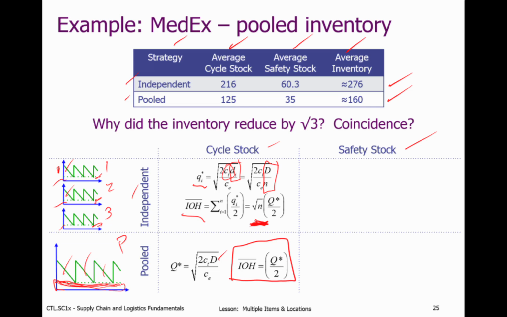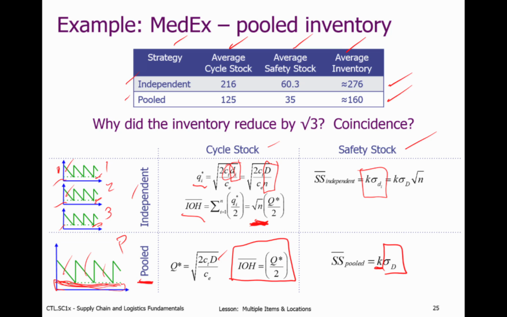Okay, now let's go to safety stock. Again, for the pooled area, it's simply going to be that safety factor K times the expected demand over lead time for all of the pooled inventory, all 3 wards collectively. Well, for the individuals, it's going to be for each ward this amount, summed up for each of the 3.